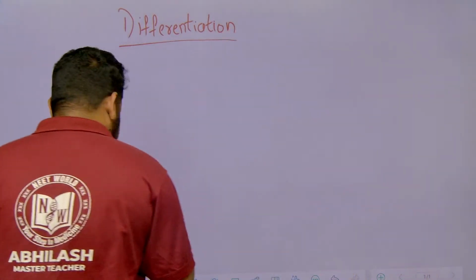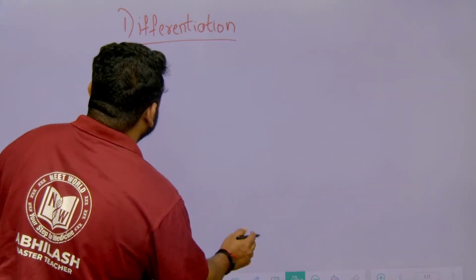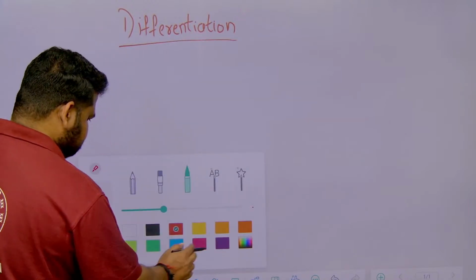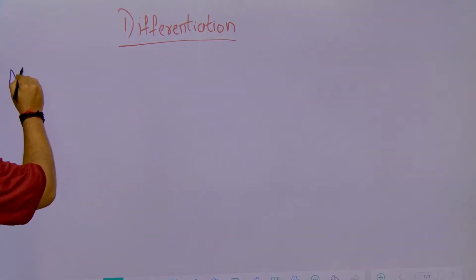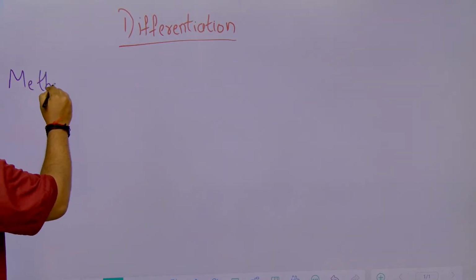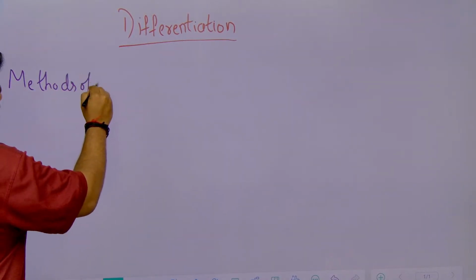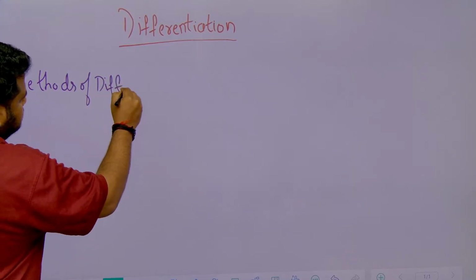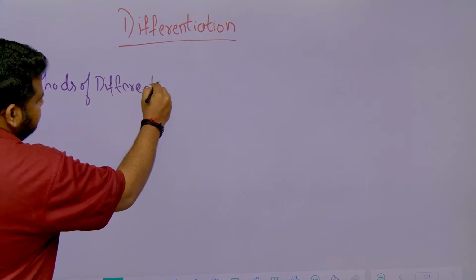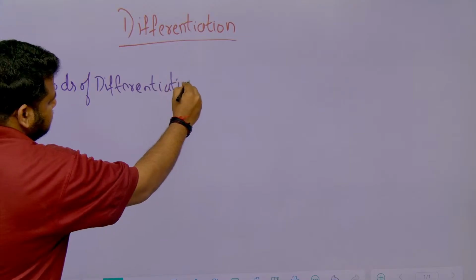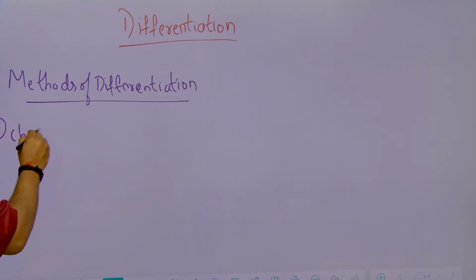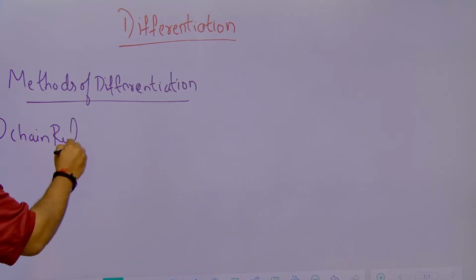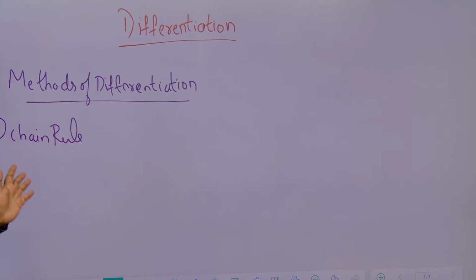So we are talking about methods of differentiation. In the methods of differentiation, the first rule that we learnt is the chain rule. In the chain rule, you will differentiate until the last term of x exists.